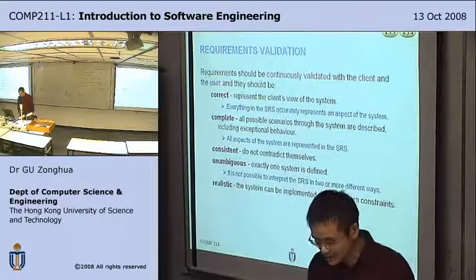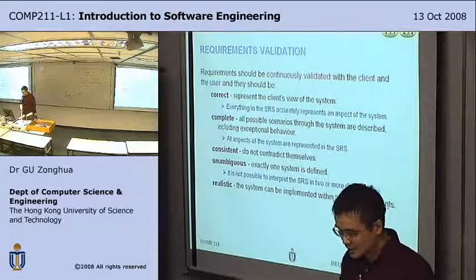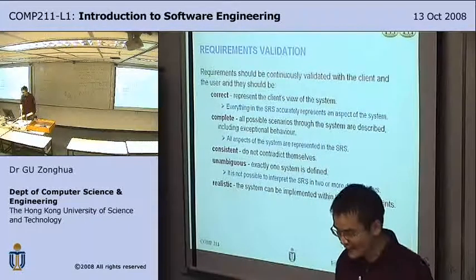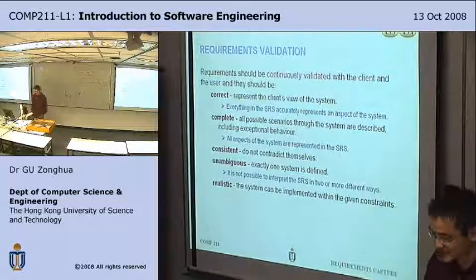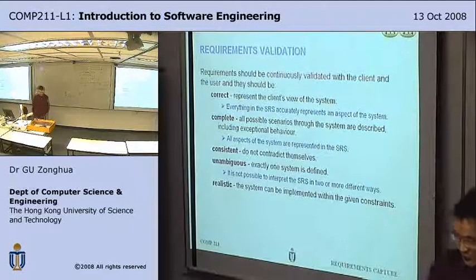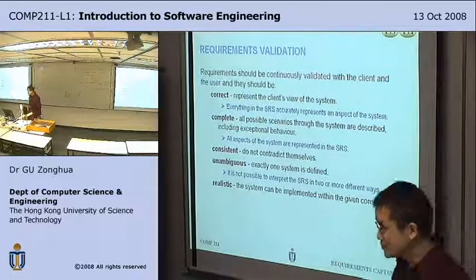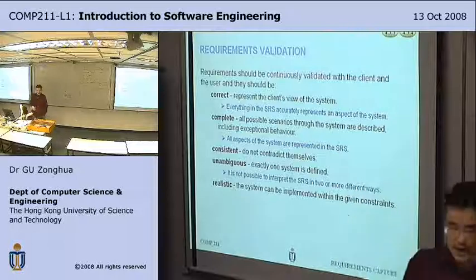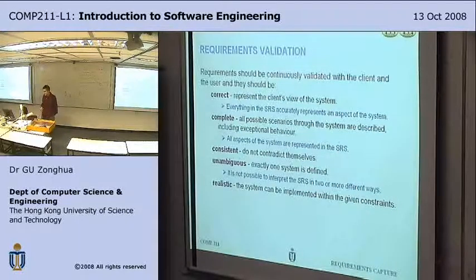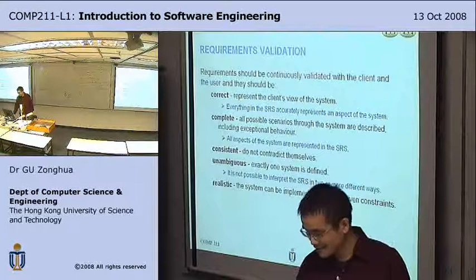So consistent, there are no contradictions. Unambiguous, so exactly one system is defined, not possible to interpret the SRS in two or more different ways. Because the SRS is really like a contract between the developers and your client, to avoid any disputes, it should be unambiguous.